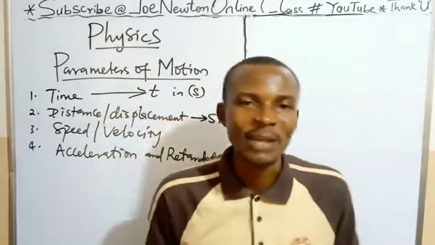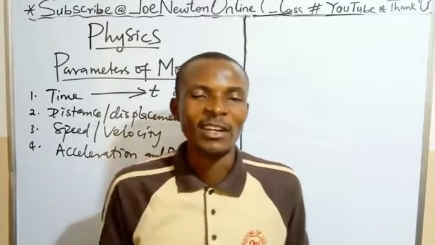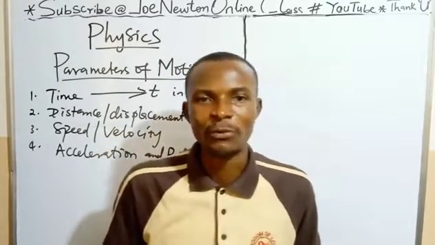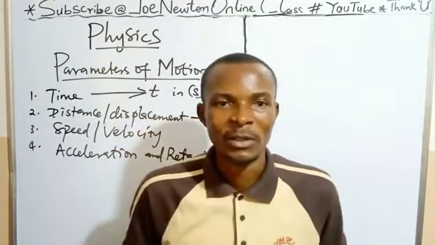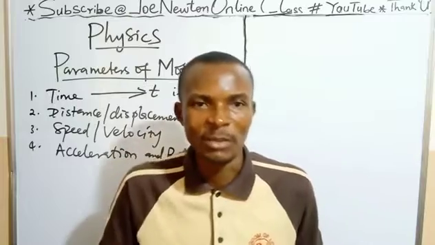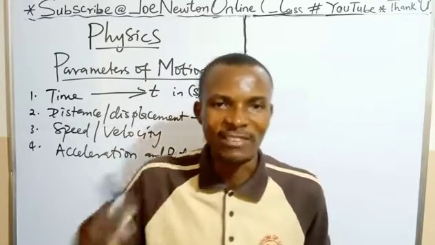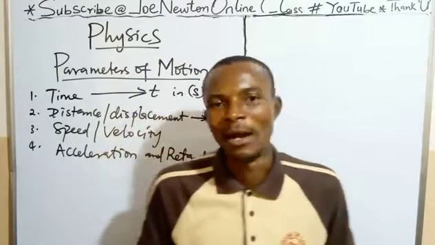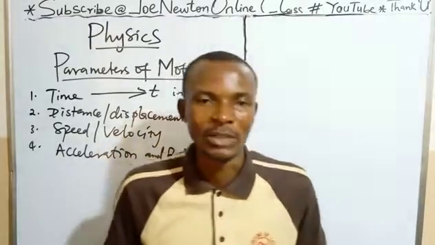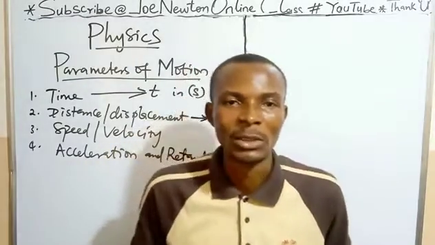Velocity is the speed measured in a specified duration. That is, velocity is the time rate of change of displacement, while the time rate of change of distance gives you the speed of a body. Both of them are measured in meter per second. That is the SI unit of velocity or speed.